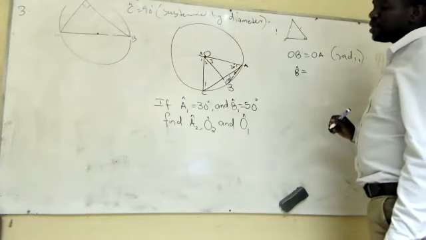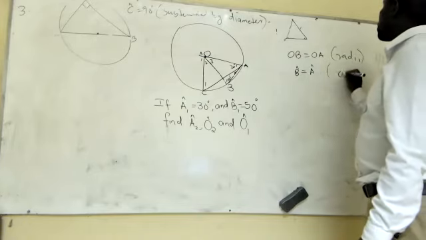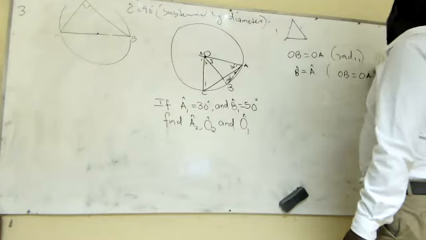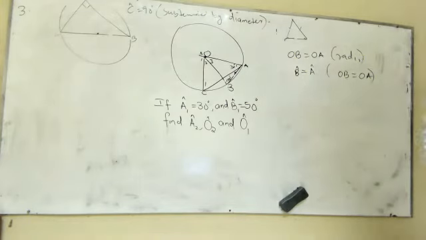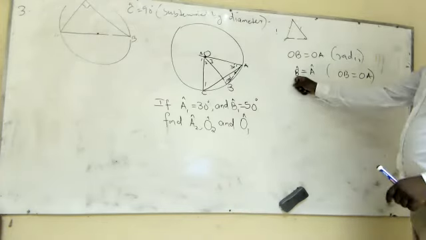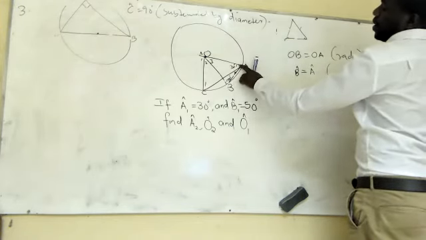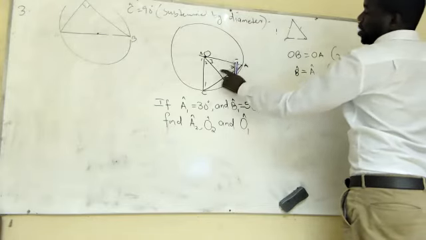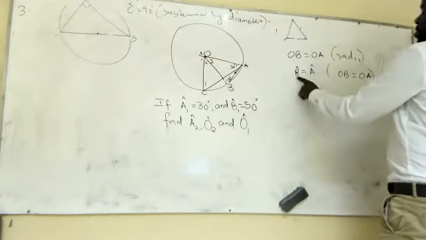B will be equal to angle A. Why? Because OB is equal to OA. B would be equal to A because if two sides are equal, then their opposite angles must be equal. That's why we say B is equal to A.